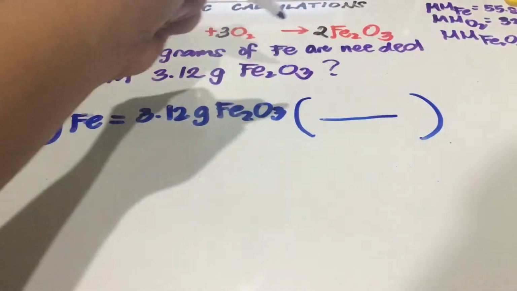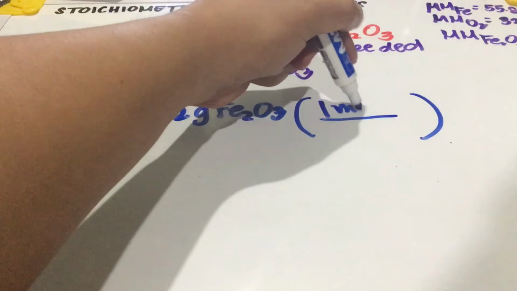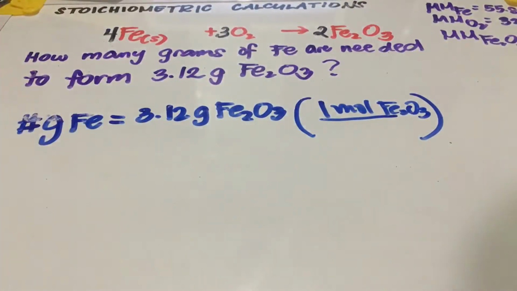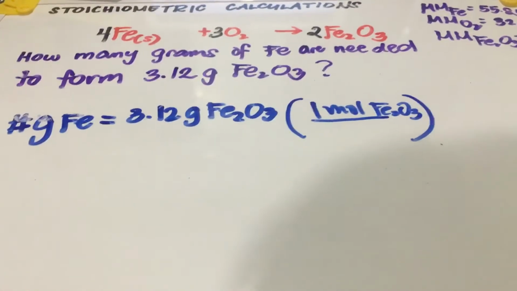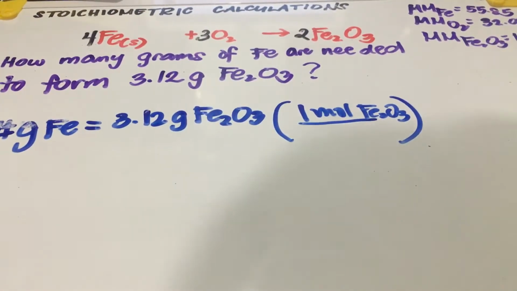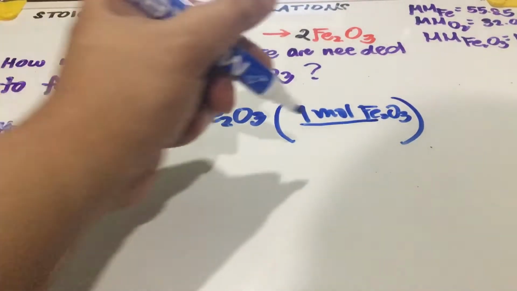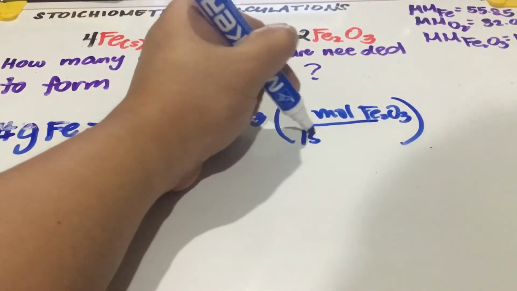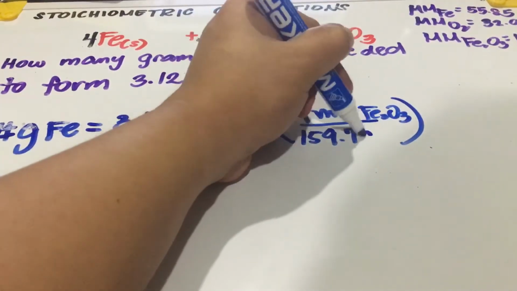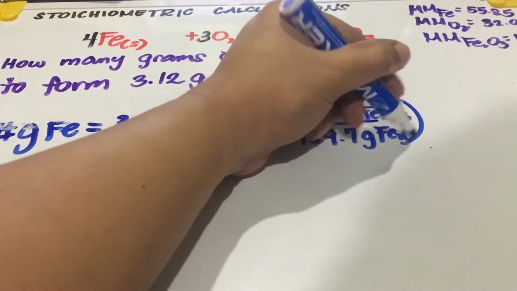So we'll have one conversion factor here: 1 mole of Fe2O3, and based on our calculations done prior to this example, we know that Fe2O3 has a molar mass of 159.7 grams of Fe2O3.